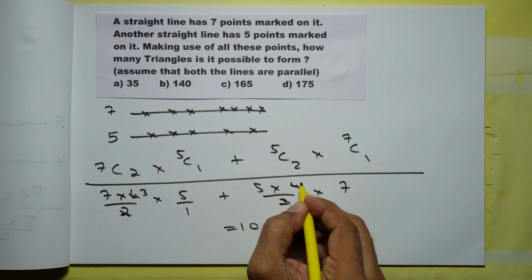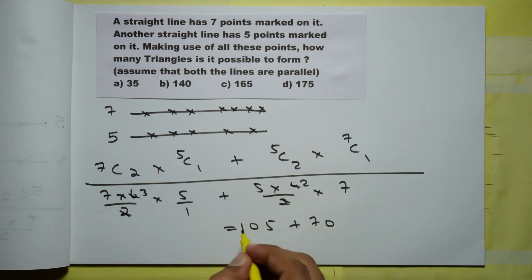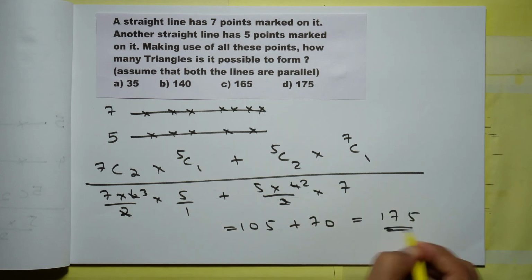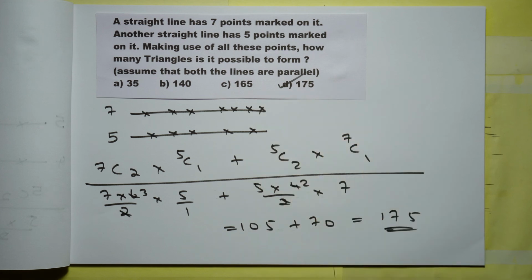Plus 2 divides 2 times. 5 into 2 is 10. 10 into 7 gives you 70. So 105 plus 70, altogether 175. So 175 is the final answer. This many triangles are possible. Hence option D, 175.